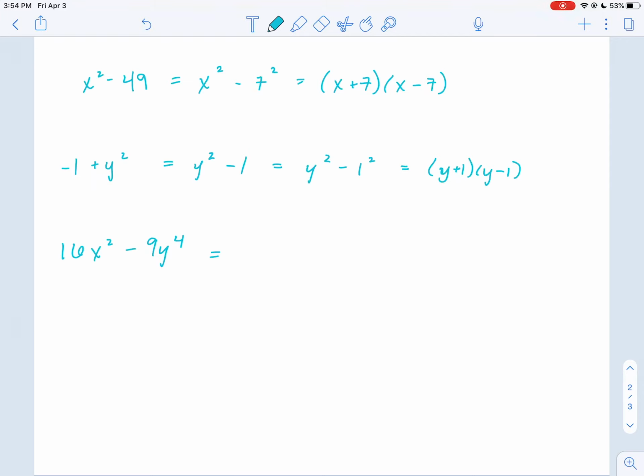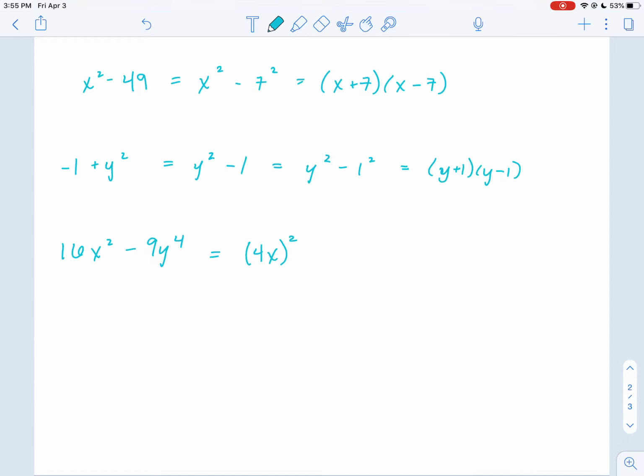And now the square is only on x. But if we think about the square root of 16, right, 16 is the same as 4 squared, we can actually rewrite 16x squared as 4x in parentheses, and then that whole thing squared. Right, if we fall back on our rules of exponents, we know we could distribute that power of 2 onto the x and the 4. It would get us straight back to that 16x squared we started with.